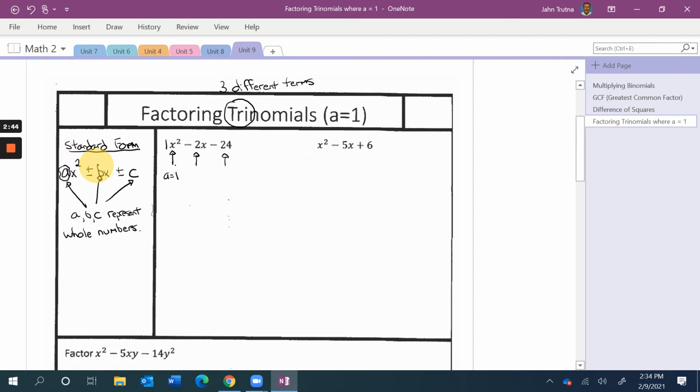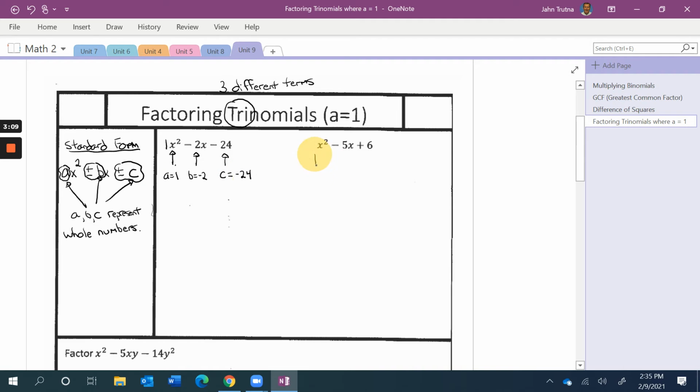The b value is the plus or minus number in front of the x part, so in this case b would be negative 2. And the c value is the plus or minus number at the end, which we call the constant. That's why it's called c, for constant. It's the value that has no variable next to it. In this case, c would be negative 24.